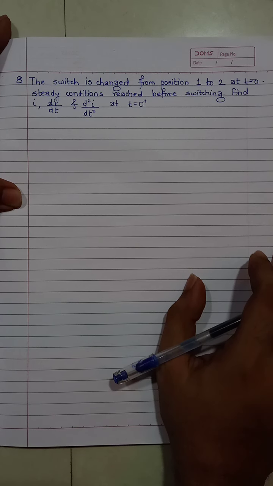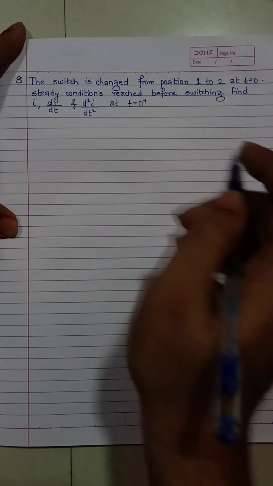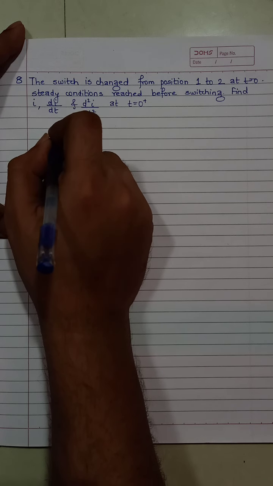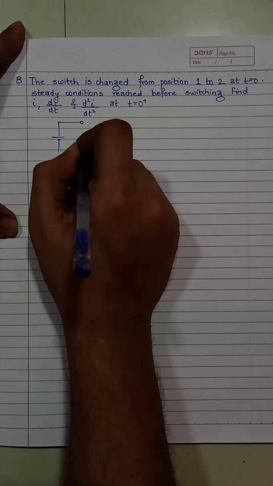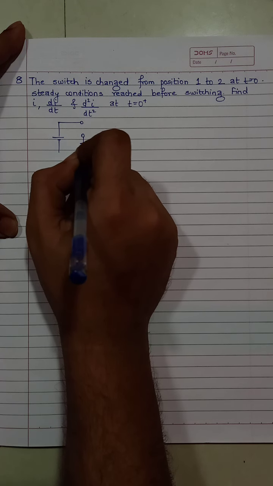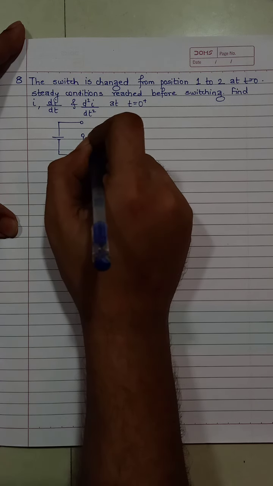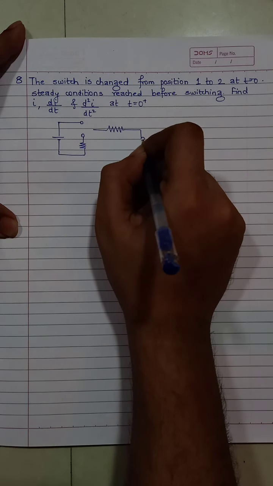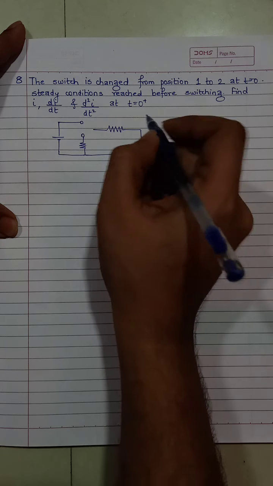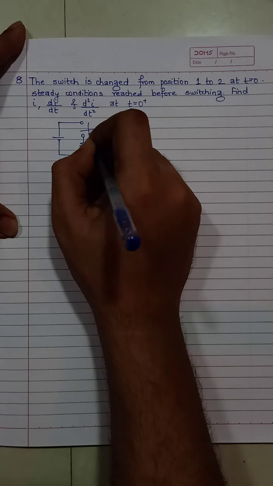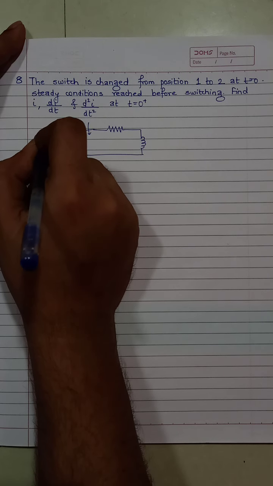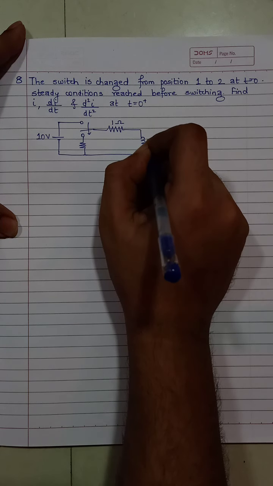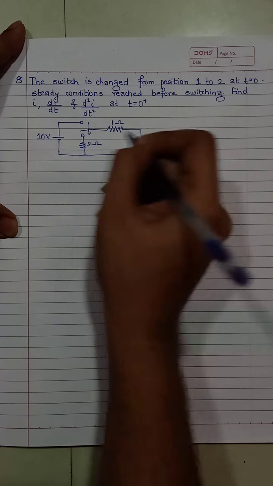Now it says that the steady state conditions are reached before switching. So the given diagram is 10 volts, 1 ohm, 1 henry, 2 ohms.